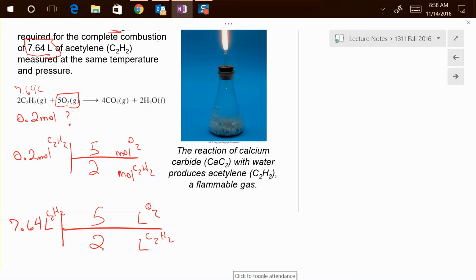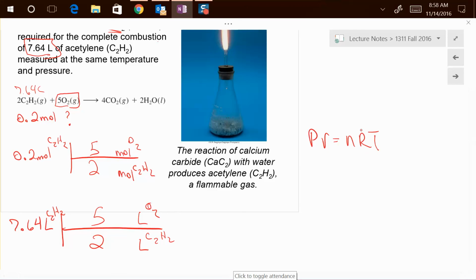So with the liters, could you divide it by the ideal gas constant to solve for the moles from the liters? Is that what you're asking? Yeah, if they give you all the information you need.